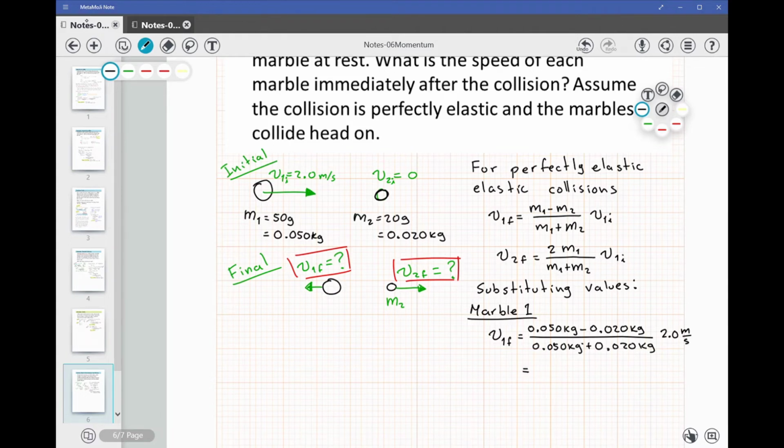After doing the math, you get 0.86 meters per second.